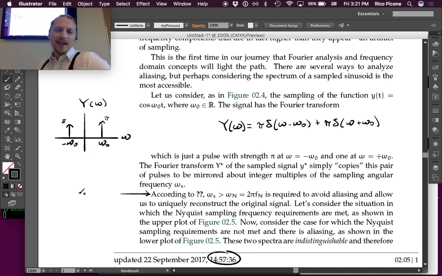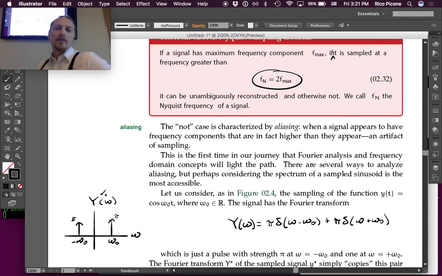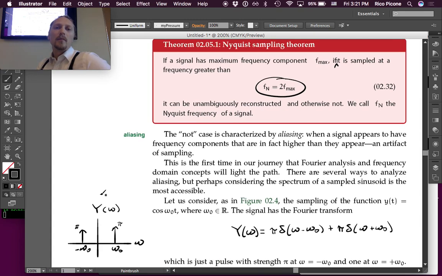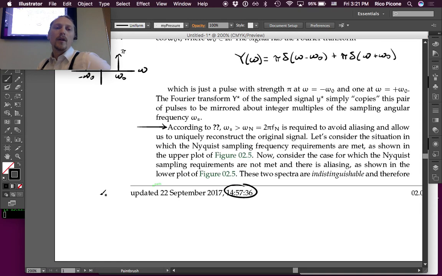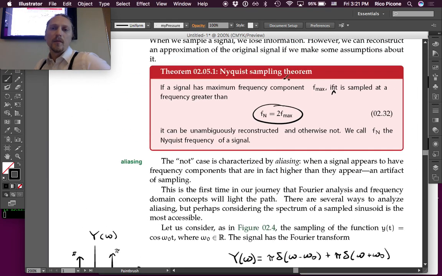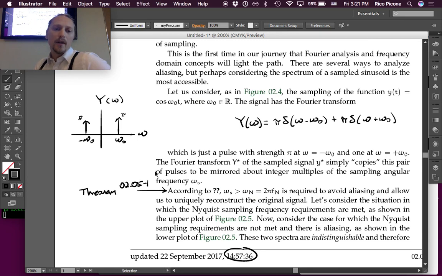So according to this theorem here, theorem 2.5.1, the big red one right up here.